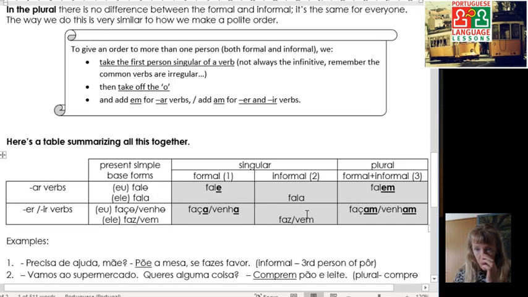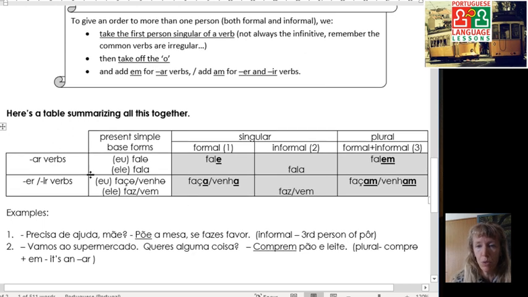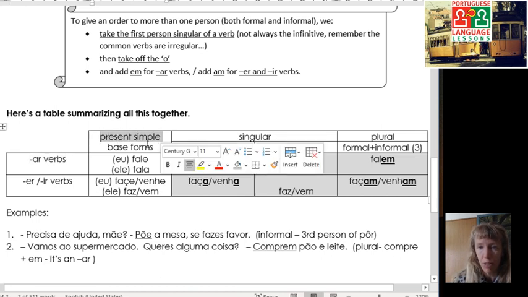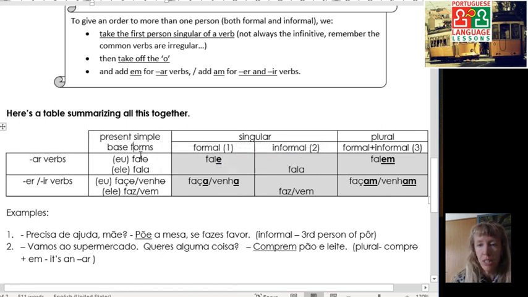Okay, so I've put together a little summary table. Some people like it, some people don't. So for AR verbs, we're always using the present simple as our base form, and it's either going to be the eu form, cutting off the O, or the ele form, the third person.